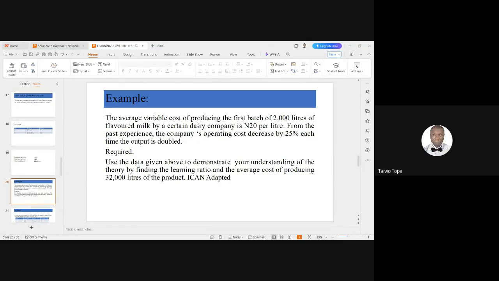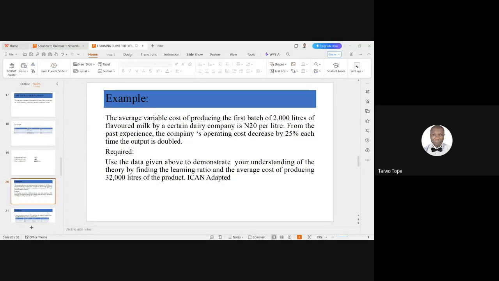Now, what is the operating cost for the first unit? The variable cost is 20 naira per liter.